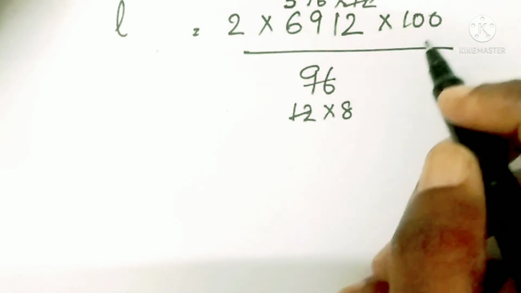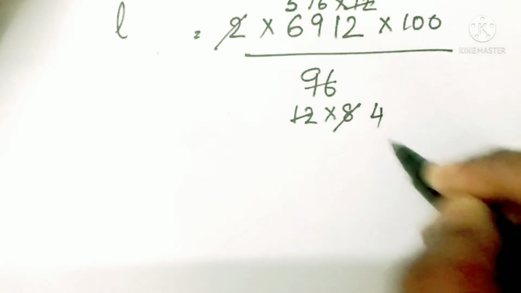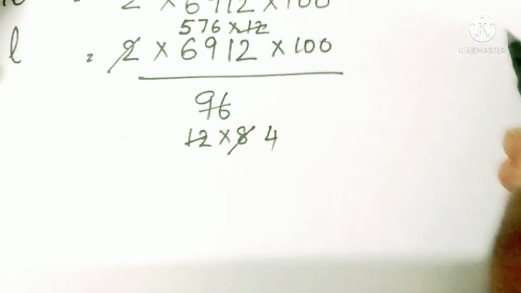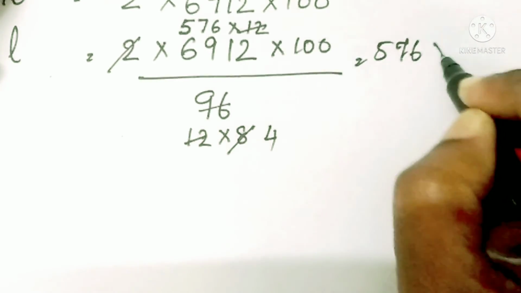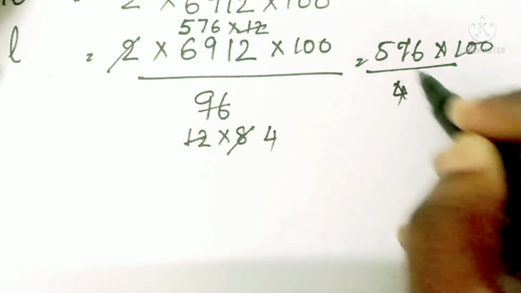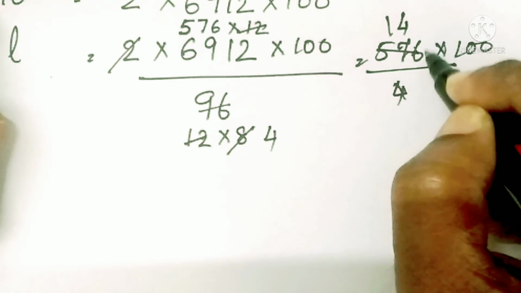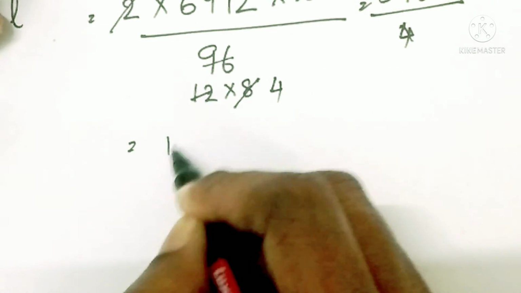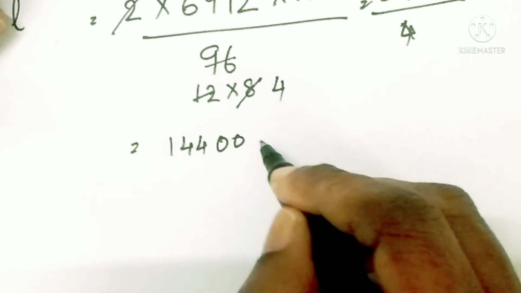Okay, so 2 4s are 8, and when you divide here, 576 into 100 upon 4, we get 144 centimeter.